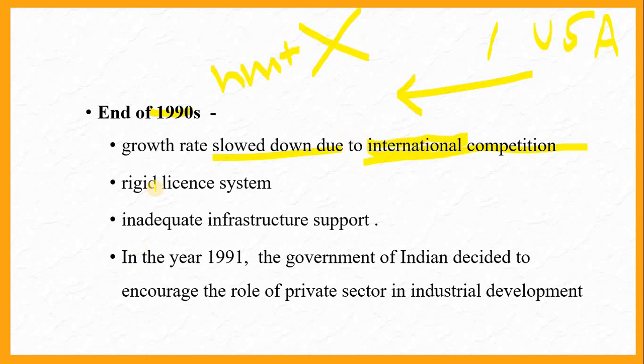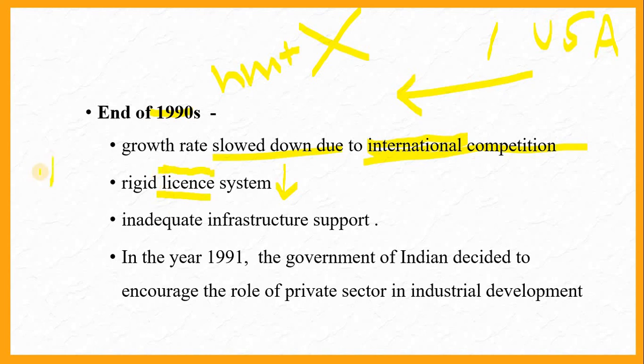And another reason is that by the end of the 1990s, industries' growth rate started reducing because of the rigid licensing system. You'll learn more about it as we go along, but for now you know that industries were required to take hundreds of permissions before any activity. Before they started another branch of an industry, they had to take hundreds of permissions.